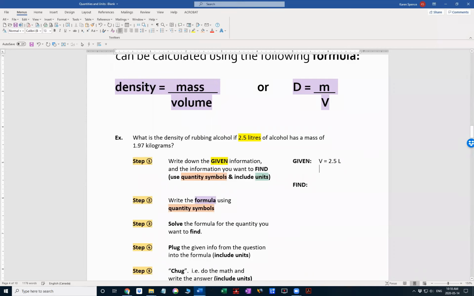We also know 1.97 kilograms. Would it be okay for me to just write it like that? I'm given 1.97 kilograms. Okay. All right. You cannot write it that way. You need to write M equals 1.97 kilograms. Okay, and we want to find, so those were our given quantities, and we want to find the density.